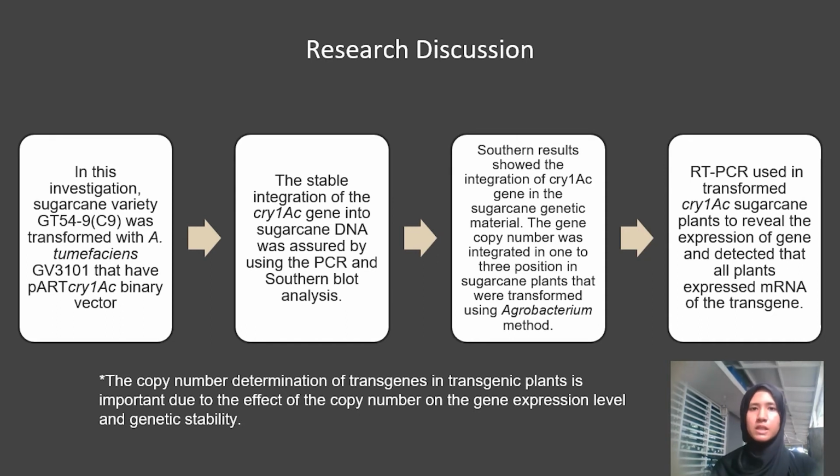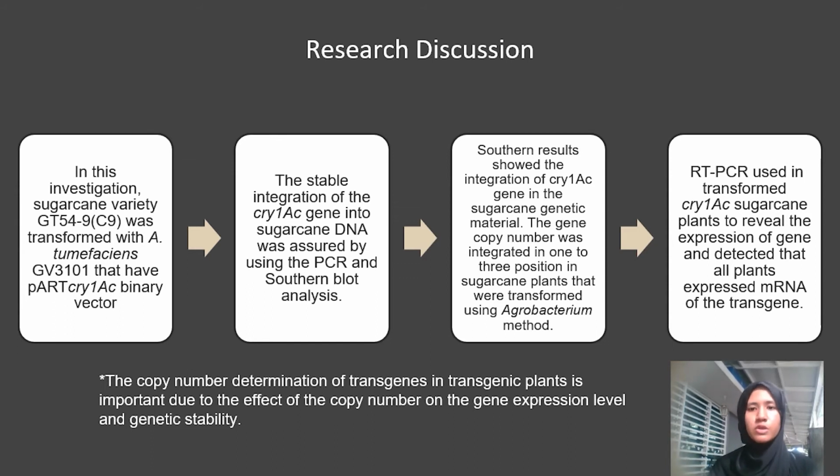The stable integration of the Cry1Ac gene into sugarcane DNA was assured by using PCR and Southern blot analysis. Southern blot analysis is considered the traditional method to assess copy number of exogenous genes in transgenic plants. The Southern results show the gene was integrated in 1 to 3 positions in sugarcane plants transformed using the Agrobacterium method.